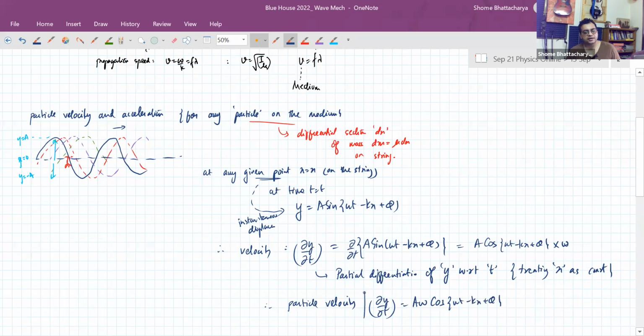And as expected for any particle in SHM, the maximum value of particle speed or particle velocity is A omega.